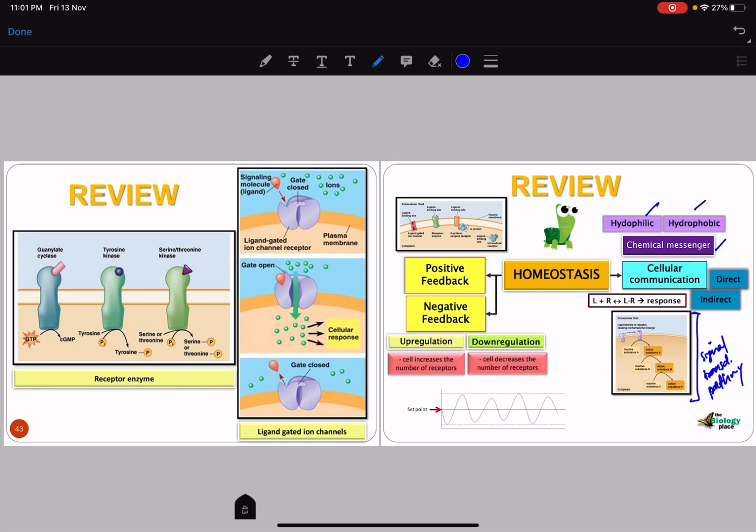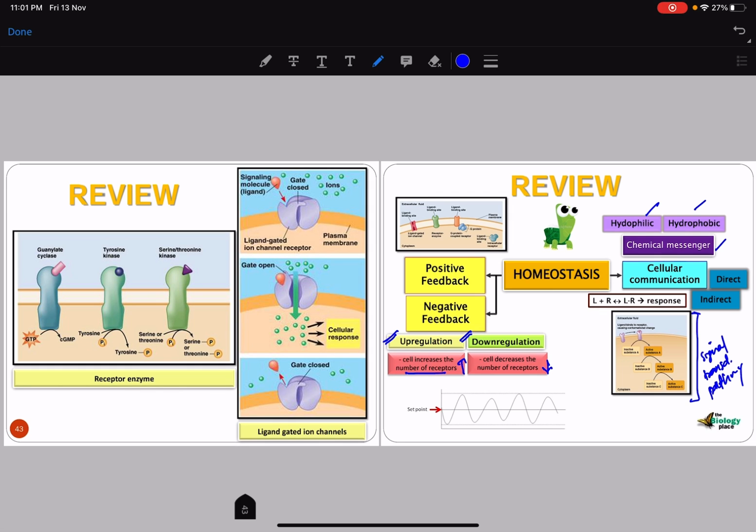After we understand this, then we talk about upregulation and downregulation. These terms, upregulation and downregulation, relate to the number of receptors, whether increase or decrease.